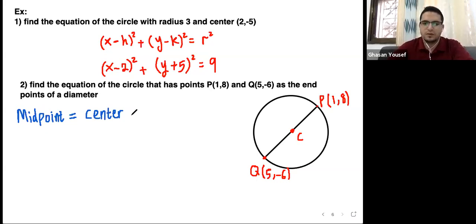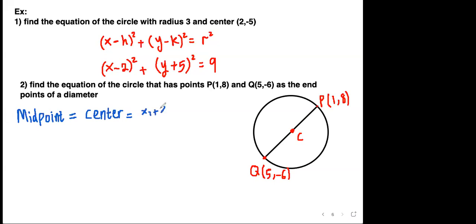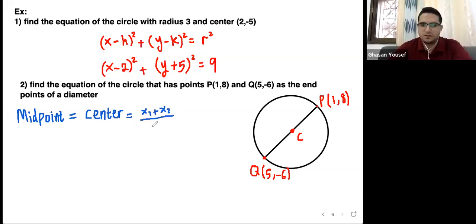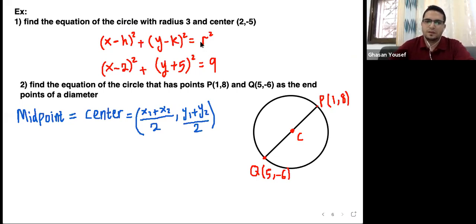It's the center point of this equation. What is the formula for the midpoint? It's (x1 plus x2) over 2, comma (y1 plus y2) over 2. Who will do this one? Plug inside the equation.